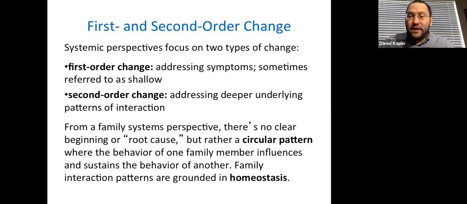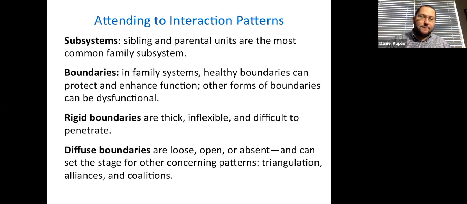Believe it or not, even if the homeostasis is considered dysfunctional, in family units, when you push for change, there are people who can feel stressed out because you're going against homeostasis. You're an agent for change, and you're challenging these maladaptive family patterns. But all families want to be in a state of homeostasis.